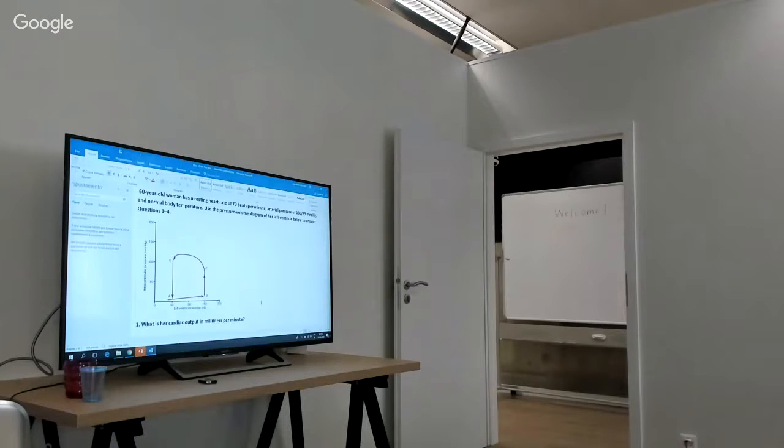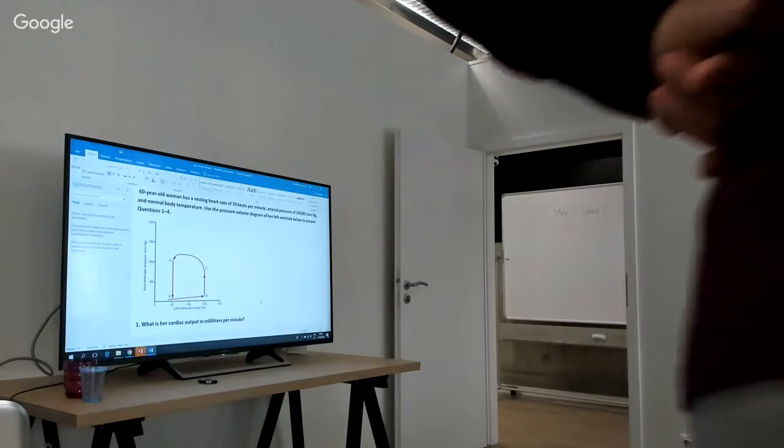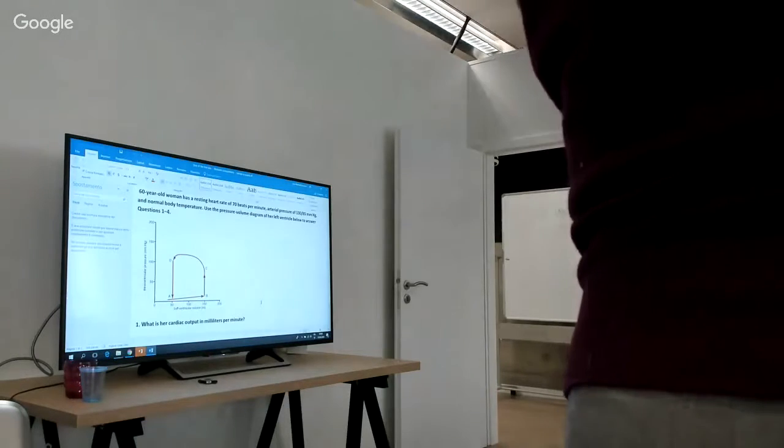This is the systolic, the maximum pressure. And 85, the diastolic pressure. And normal body temperature. Use the pressure-volume diagram of the left ventricle below. Answer question 1.